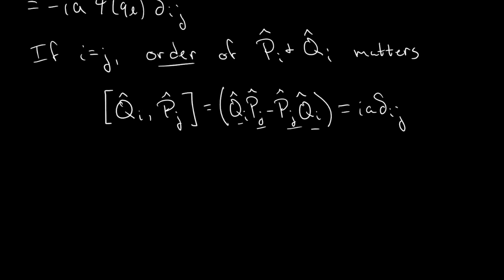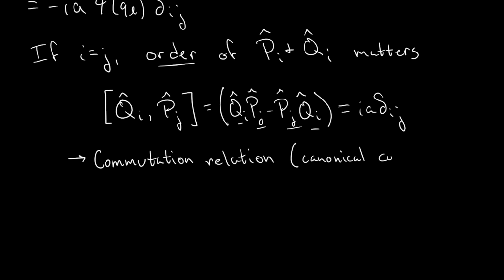So this sort of thing is known as a commutation relation. And in particular, this is known as the canonical commutation relation, where this thing in brackets is what we call a commutator.